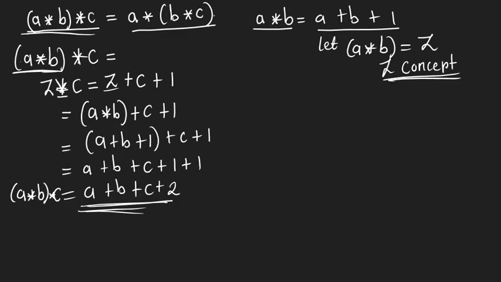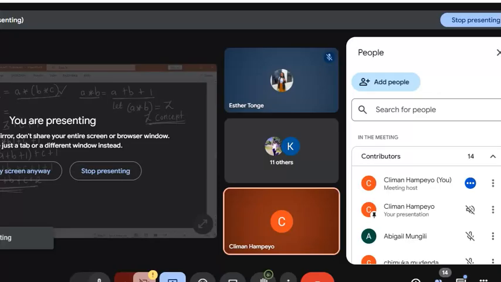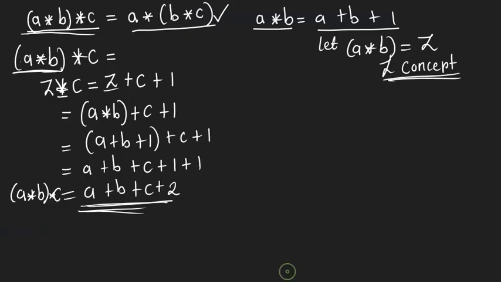Let's also try to do the same operation here. We see if it will be the same. A star B star C, we see if it will be the same as this part.